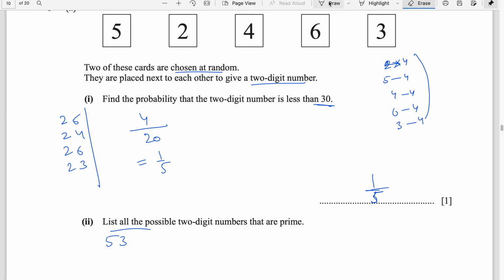Now we've already done for 2, only 23 is prime. For 4: 45 not prime, 42 not prime, 46 not prime, 43 is a prime number.